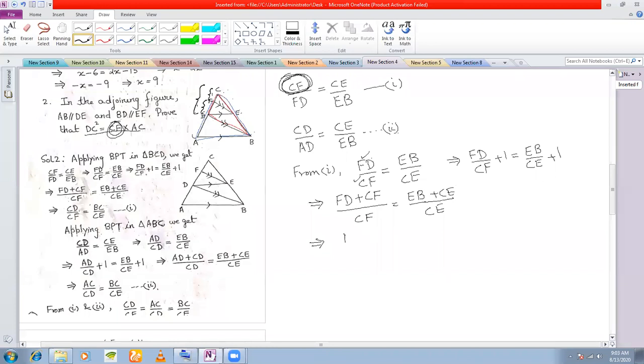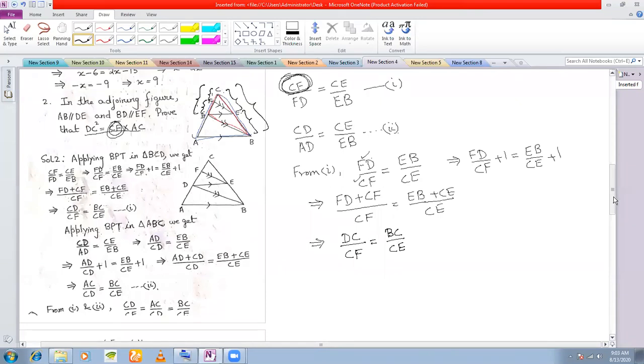So I write this as FD plus CF equal to DC divided by CF will remain as it is, and EB plus CE. So CE is your this part, EB is your this part. So if you add, it will become this side. That is BC. This is your BC divided by CE. Okay, this is what we are getting.